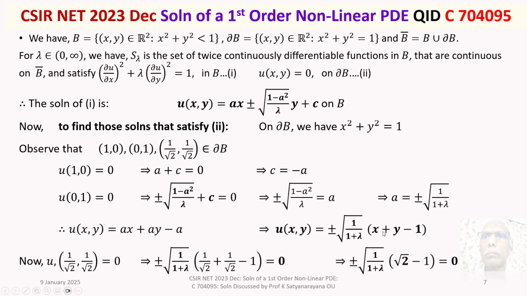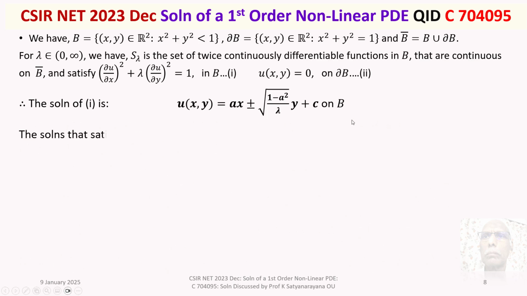So substitute in this plus or minus under the square root of 1 by 1 plus lambda in brackets x 1 by root 2 plus y 1 by root 2 minus 1. Simplifying, you will get plus or minus under the square root of 1 by 1 plus lambda, 1 by root 2 plus 1 by root 2 is root 2, that is root 2 multiplied by root 2 minus 1. We continue the argument in the next slide.